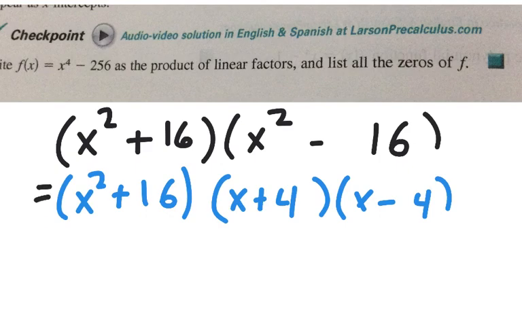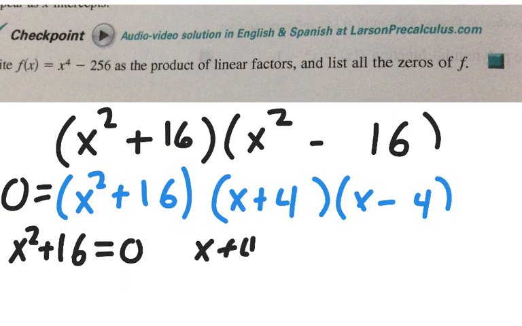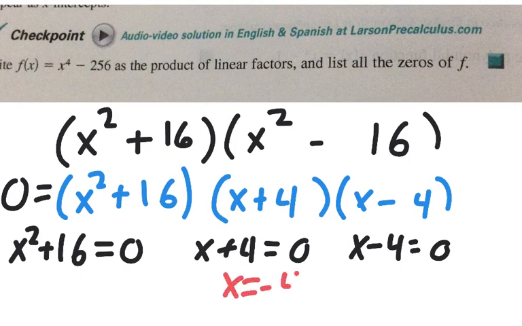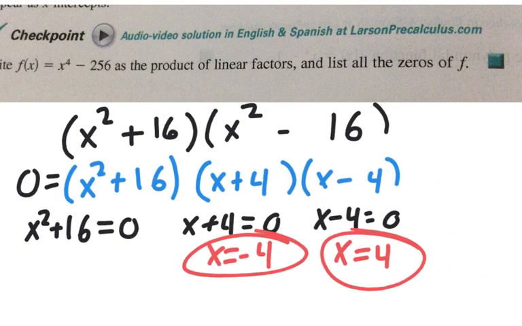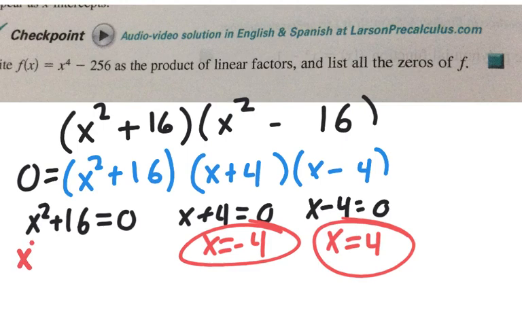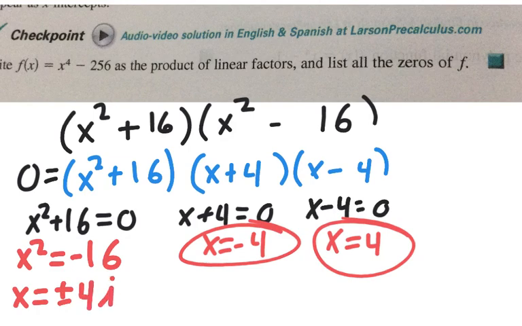So now 3 things multiply to be 0. So either the first thing is 0, the second one is 0, or the third one is 0. So I'm going to get negative 4 as a root, positive 4 as a root. And then right here I've got x squared equals negative 16, which says x is going to equal plus or minus 4i.